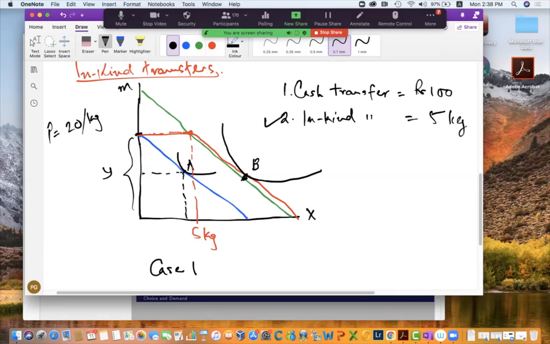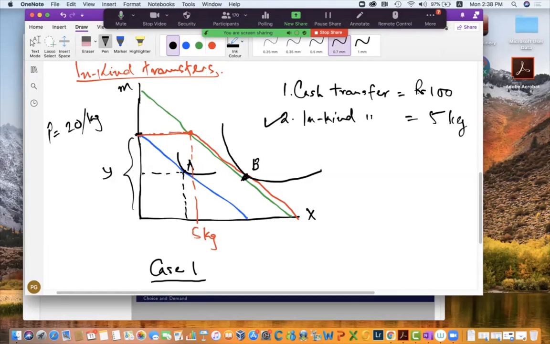It depends on what the indifference curves are like. I'm not saying this is inevitable, but this is one possible case, right? And now if we go to the in-kind program, so we have the red budget line, then the optimal choice is still point B, right?